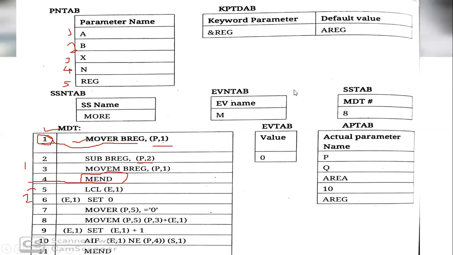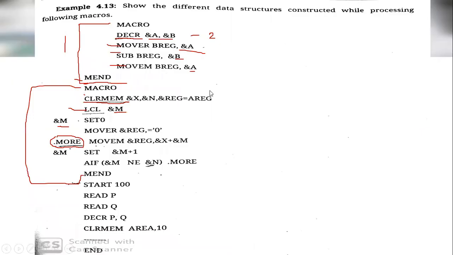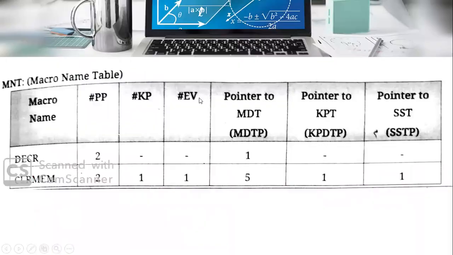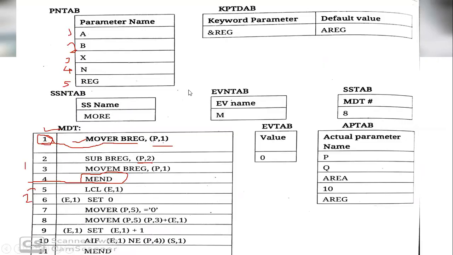Okay, this type of example which is given in the exam, and we need to design all these data structures from macro name table up to actual parameter table or EVN table. Okay, we need to design all these data structures. Accordingly, we can solve more than one example which are given in your book also. We check them and identify the corresponding entries in the given table. Okay, we can conclude at this particular point.